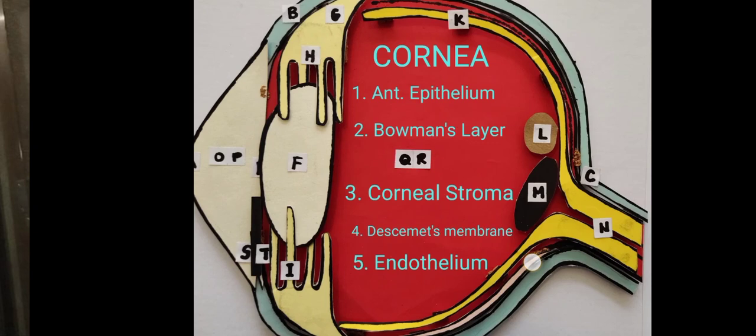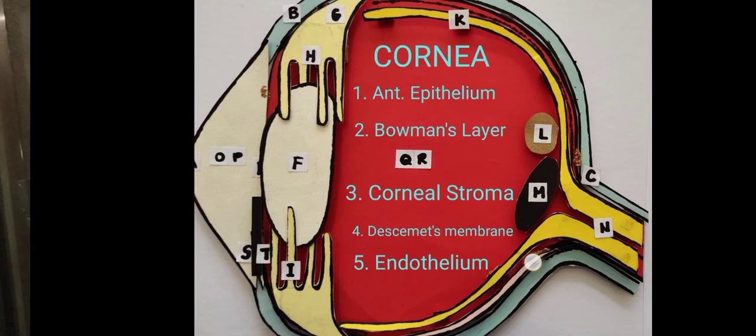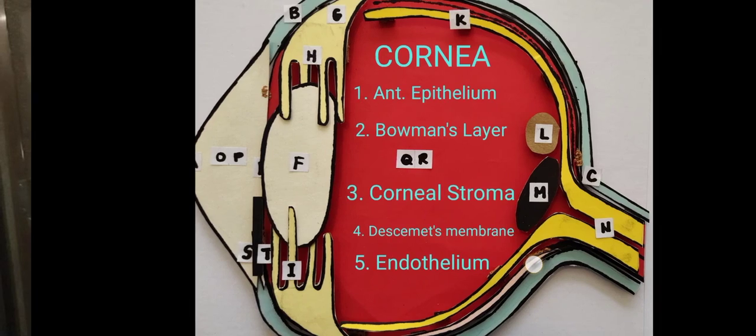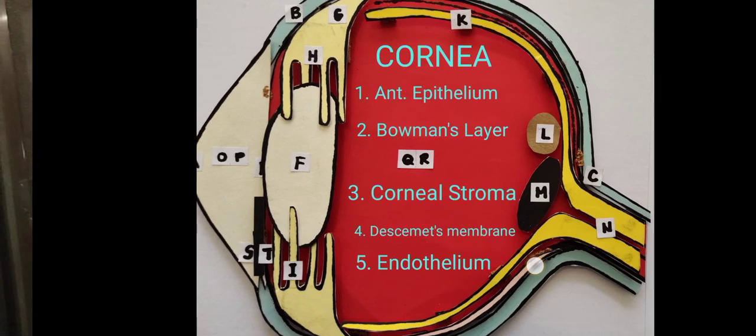It is its body. The fibers and the organelles, the stuff that is inside this layer, are very uniformly aligned. That gives the cornea its transparency.